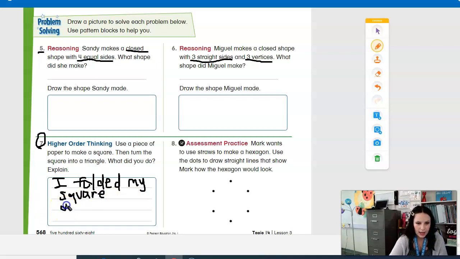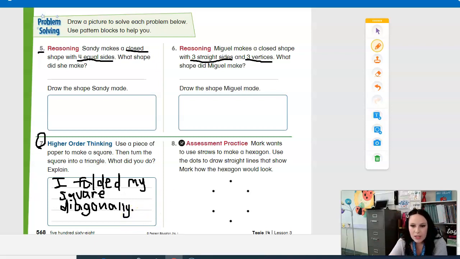I'm going to say diagonally, which is a big word to just say across. But when you're talking in math terms, it's important to say exactly what you mean. Oh my goodness, I'm so sorry my handwriting is not prettier. Diagonally. So I could just say I folded my square diagonally, and that is a great answer for me.